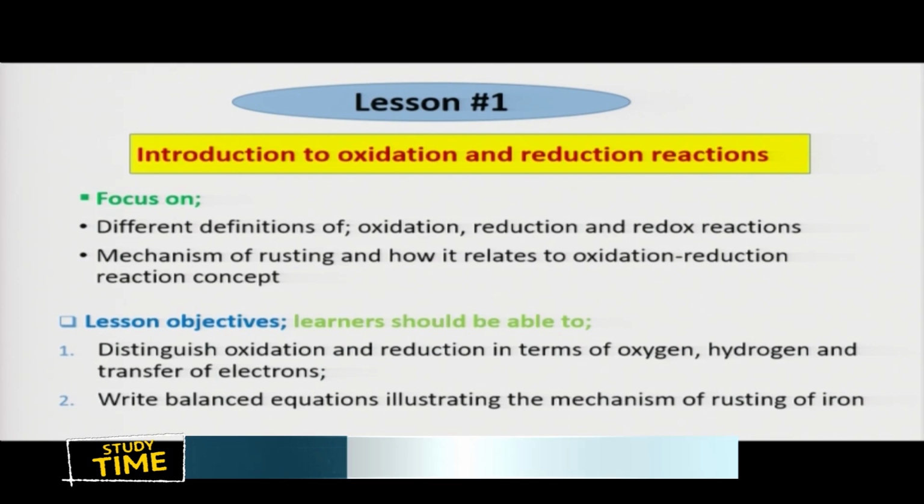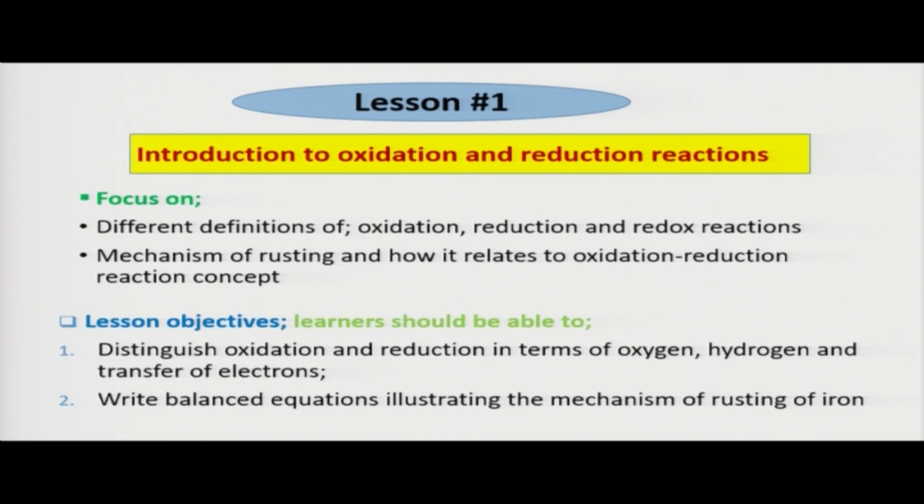Of course, they are extracted from the general unit objectives. We are to distinguish oxidation and reduction in terms of oxygen, hydrogen, and the transfer of electrons. When we talk of in terms of oxygen and hydrogen, that is the other chemistry you've been looking at in your ordinary chemistry, in Senior 1, Senior 2, and Senior 3, and even partly some of the introductory parts of this Senior 4 chemistry.